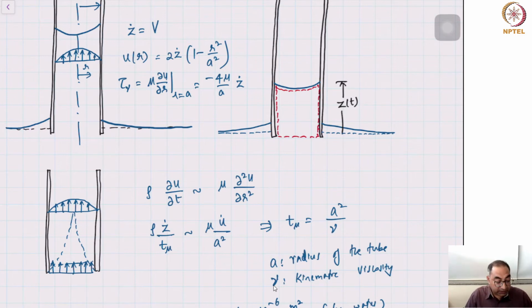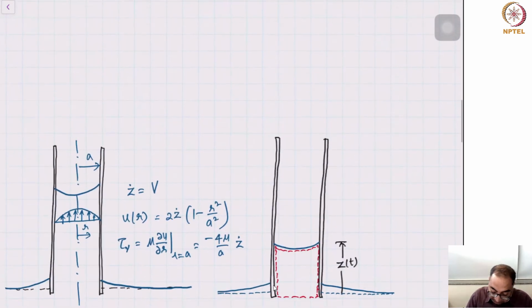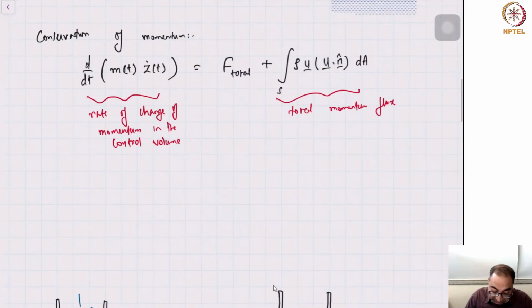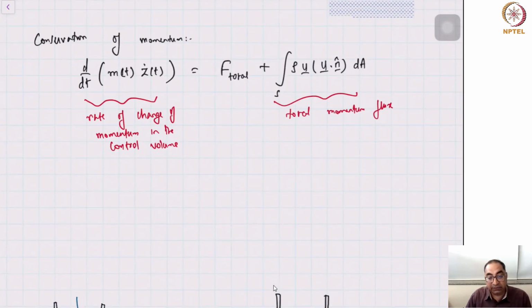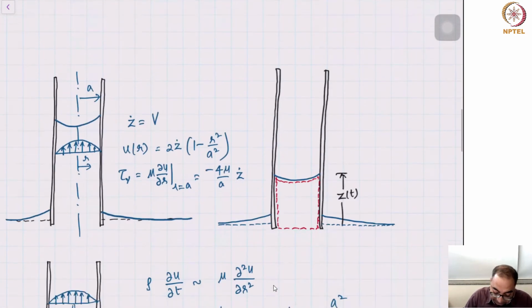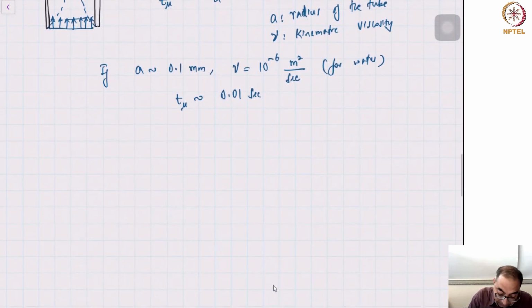So let's write down the force balance for this system. The force balance in this case would be whatever I've written down earlier: mass times acceleration on the left hand side equals the sum of all the forces. You can call it force balance or you can call it conservation of momentum.